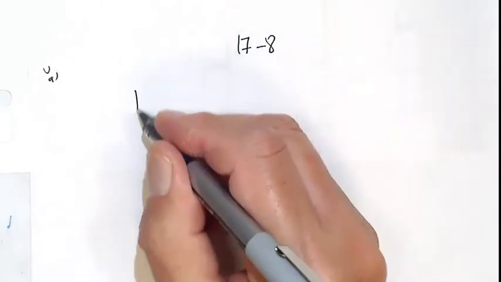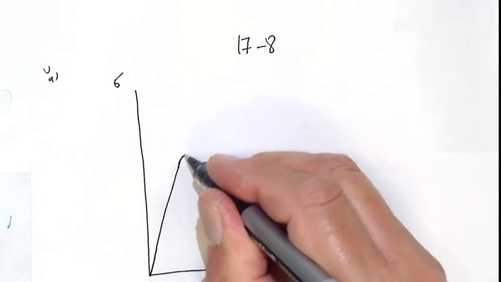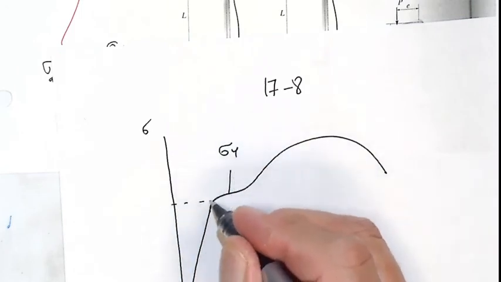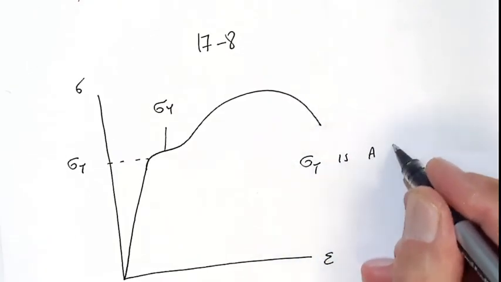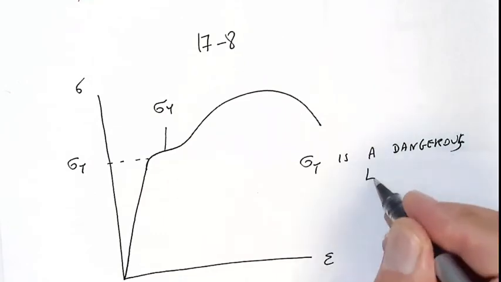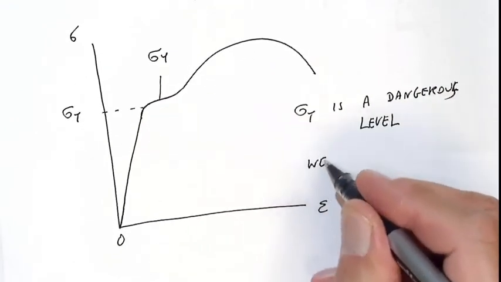So the idea of factor of safety naturally comes in. Again, we have epsilon, sigma, and that is the straight behavior. So this is yield. Yield stress. Naturally, sigma yield is a dangerous level, so we should not reach it.